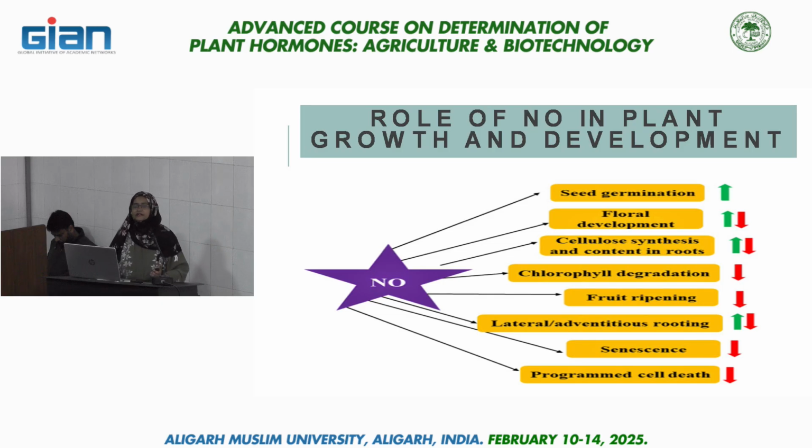Now, moving toward the next topic, the role of nitric oxide in abiotic stress tolerance. We have already seen NO is regulating many growth and development processes from seed germination to programmed cell death, and that seed germination plays a very important role. In this figure, a generalized representation of the versatile role played by NO in plants during various abiotic stress conditions. The signaling of NO underpins a multitude of cellular processes involved in development and abiotic stress responses in plants.